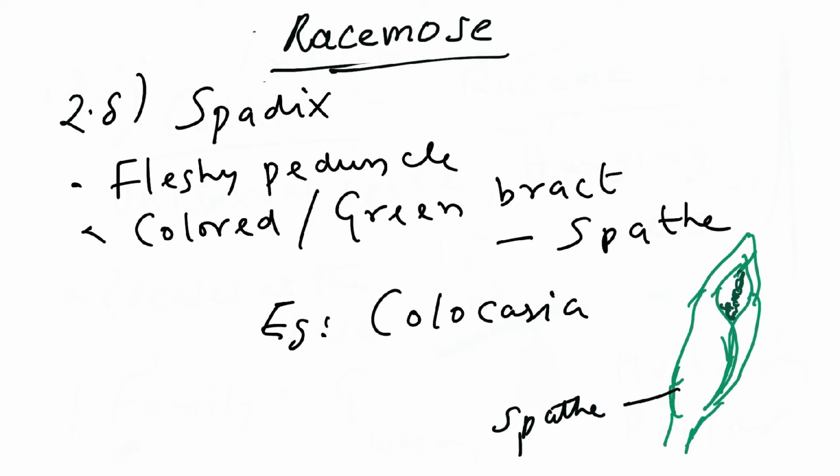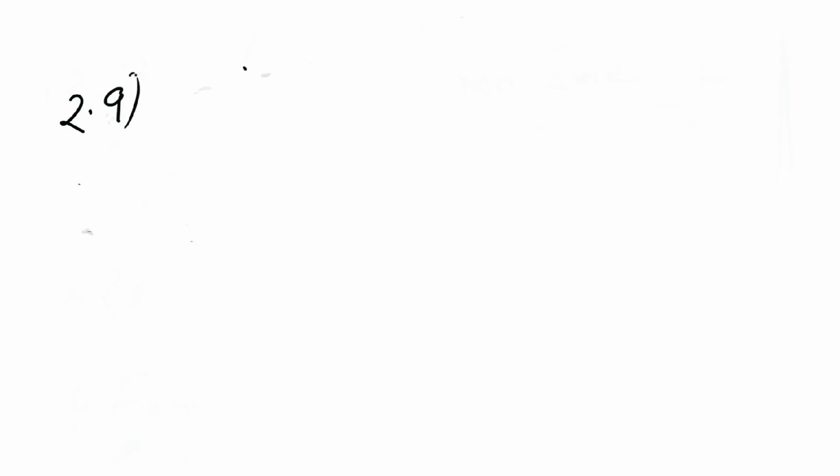So once again, note spathe, a colored or green bract, is the characteristic feature of the Spadix inflorescence. And a key point is that the spathe in a lot of cases aids in pollination. So note that point. Going on to the ninth case, as far as the simple racemose inflorescences are concerned, is called the Capitulum.